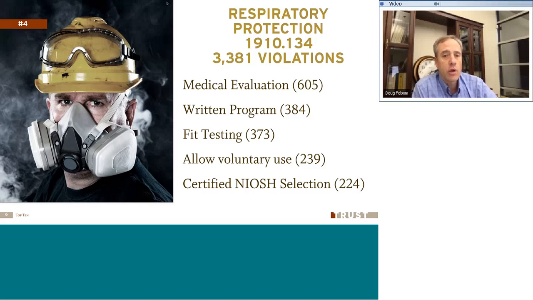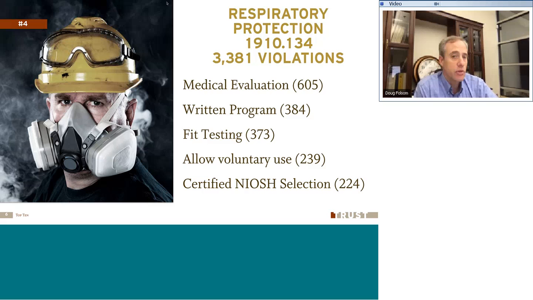So if we do require respiratory protection, personal protective equipment for our employees, then we need to make sure that we have that annual medical evaluation being done. Another really common thing, like the hazard communication program, is not having the written program in place that's required, not doing an annual fit test, either not doing it or not doing it in an appropriate manner.